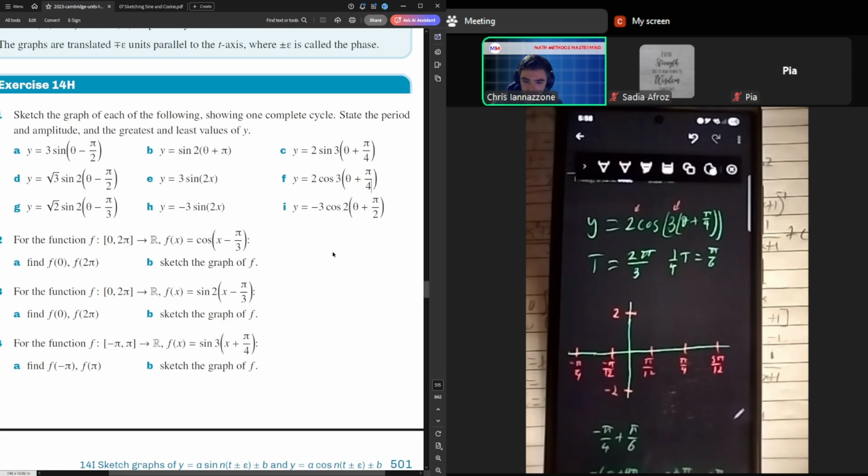Same way you do the y-intercept for any other graph. How do you do it for any graph? It would not just be the amplitude here.